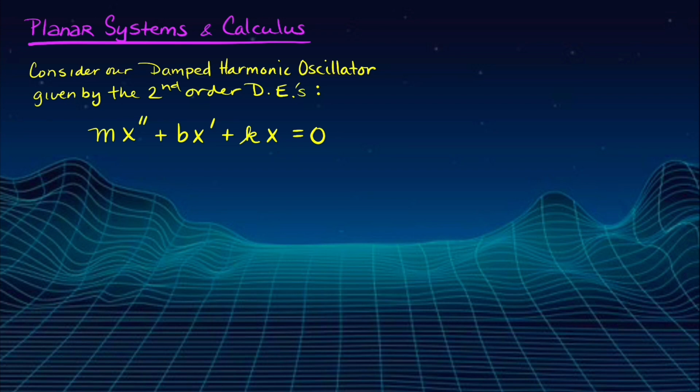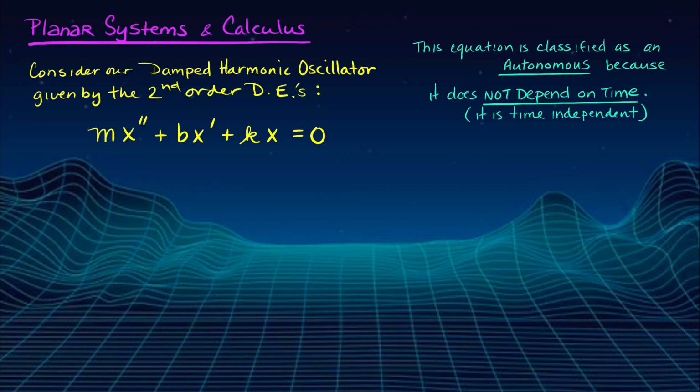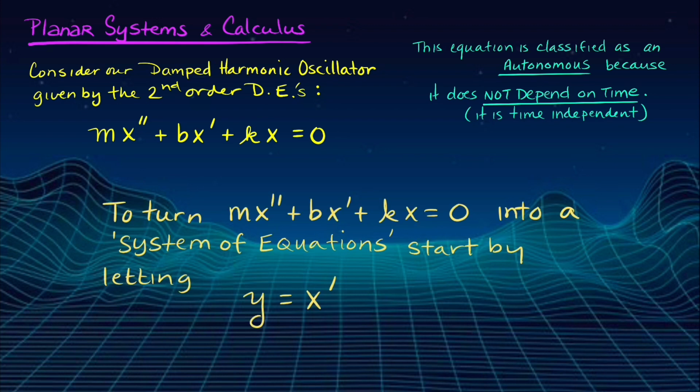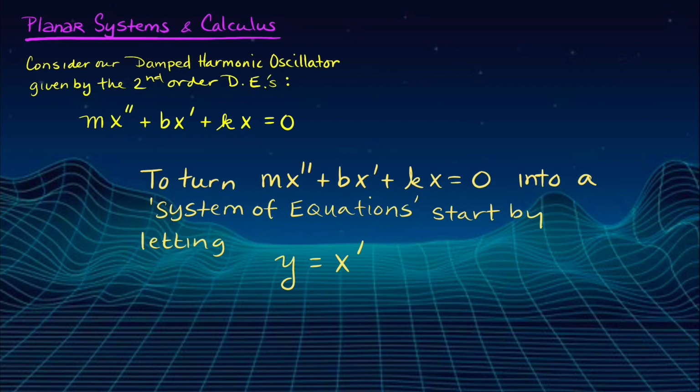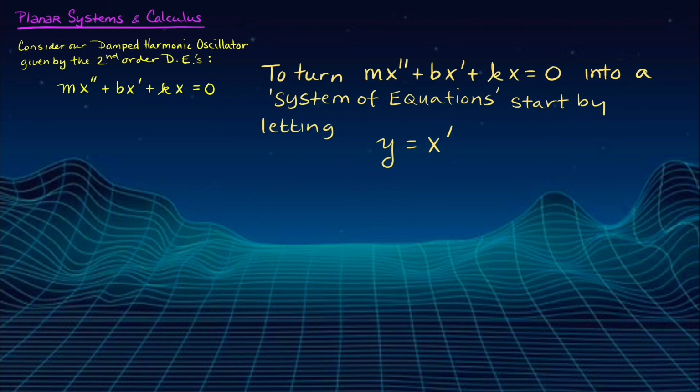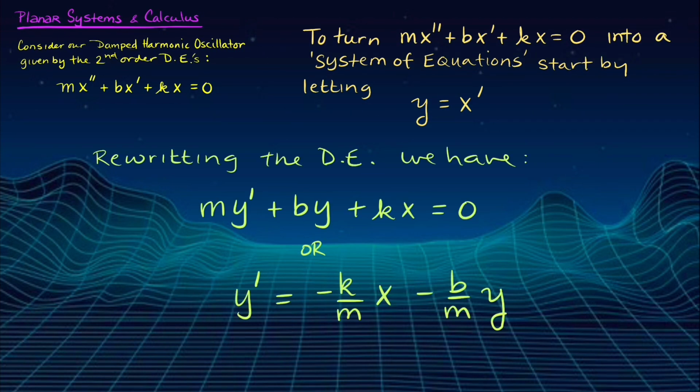So, planar systems in calculus. Consider the damped harmonic oscillator given by the second order differential equation from before. This equation is classified as autonomous because it does not depend on time. In other words, it is not a function of time. To turn mx double prime plus bx prime plus kx equals 0 into a system of equations, we're going to first start by letting y equal x prime.